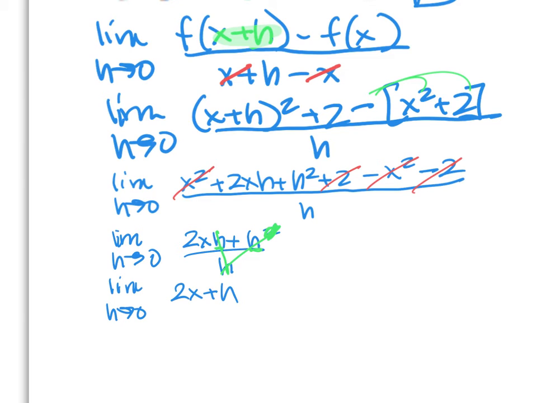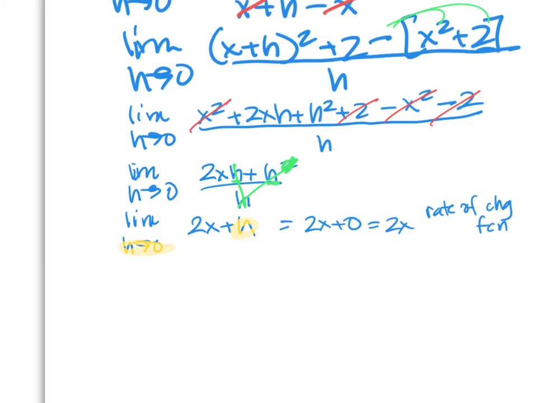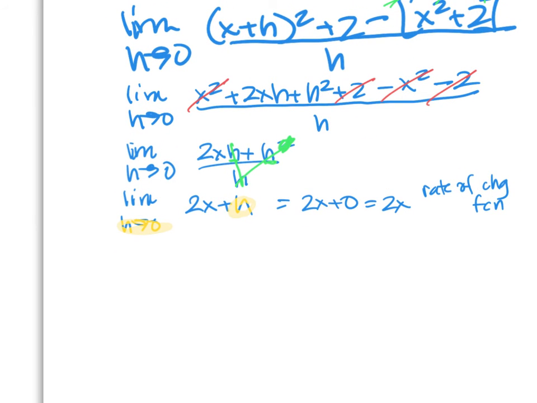All right, so now we have the point where we can substitute h with 0. You can write this out if you'd like, so we end up with this rate of change function. Now, the question is, what is the rate of change?